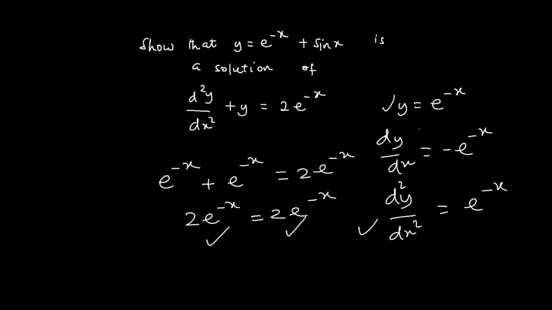So therefore, this function here is a solution to this differential equation, because when we substituted the function and its second derivative into the differential equation, we got an identity, which means it satisfied the equation, or it made the statement true. So therefore the function is a solution to the differential equation.